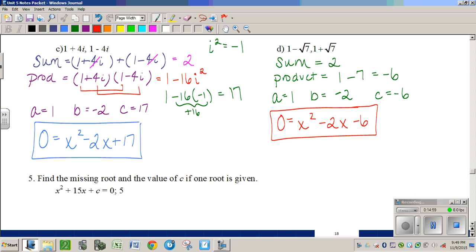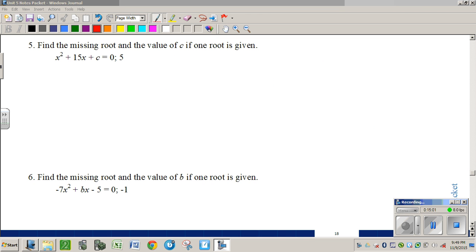Alright. On this next part here, if you'll notice, we are missing a little piece of information. So it says find the missing root and the value of c if one of the roots is given. So 5 is one of our roots, and we are out to find the other one. Well, we know that if I want to find the sum, I would do negative b over a.